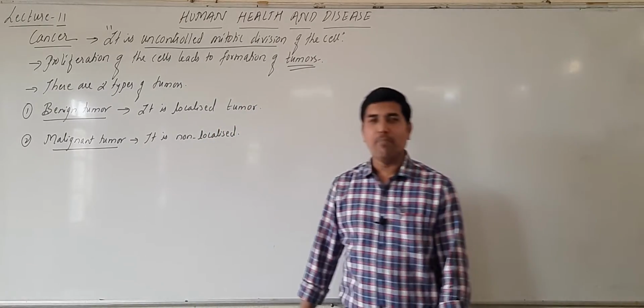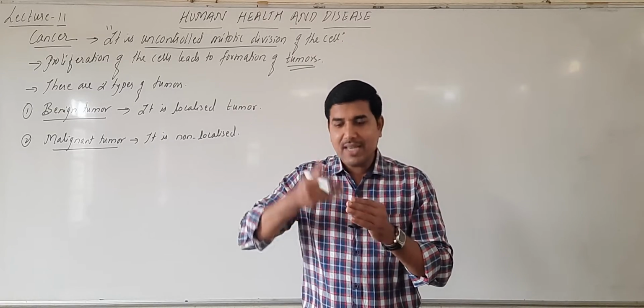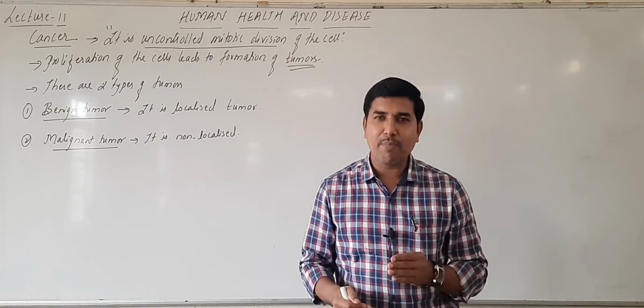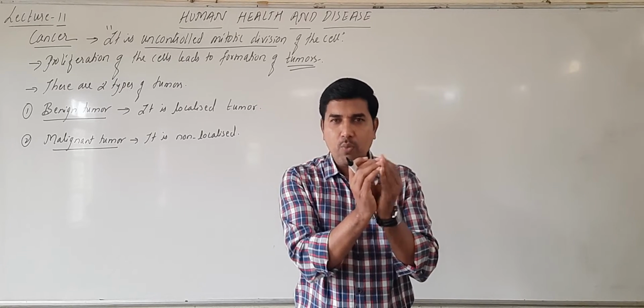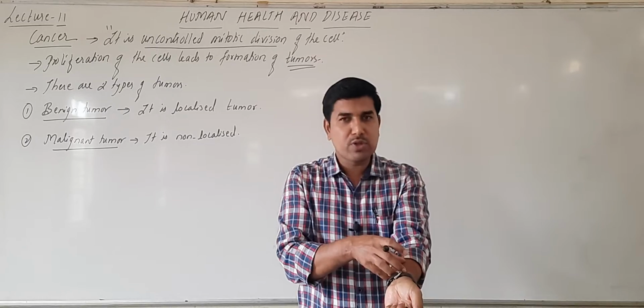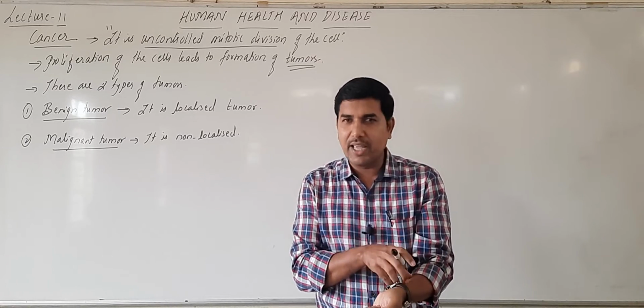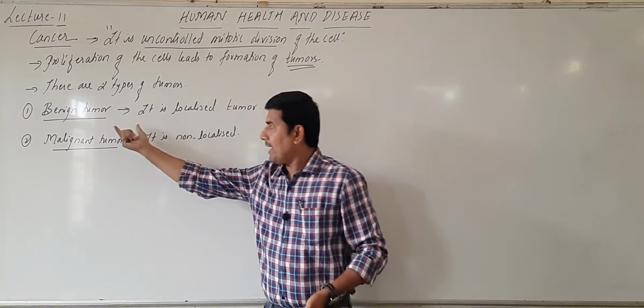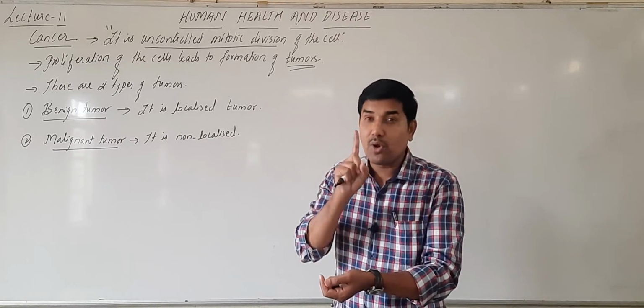Benign tumor, malignant tumor. Benign tumor means when the cells start to multiply rapidly, they form groups or masses of cells where there might be a bulging portion in any part of the body. It swells in that area, so we call that type of tumor a benign tumor. That benign tumor is localized.